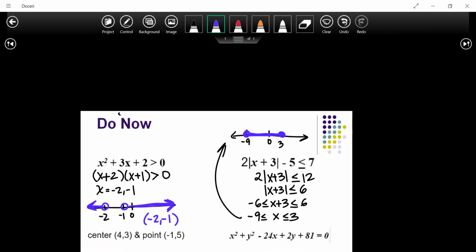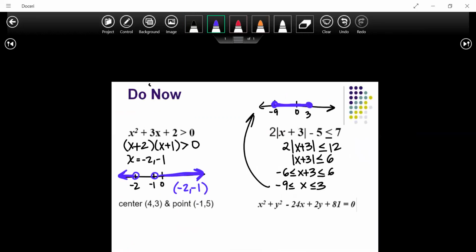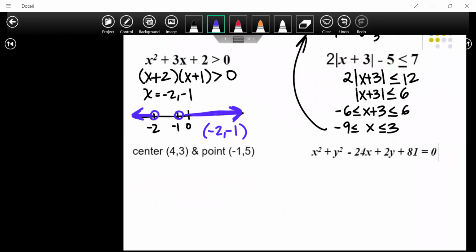The next one we want to do is write the general equation using our center (4, 3) and point (-5, 1). First thing I want to do is plug my center into the equation. We're solving for r, so it's going to be x minus 4 squared plus y minus 3 squared. We always plug in the opposite values, equals r squared.